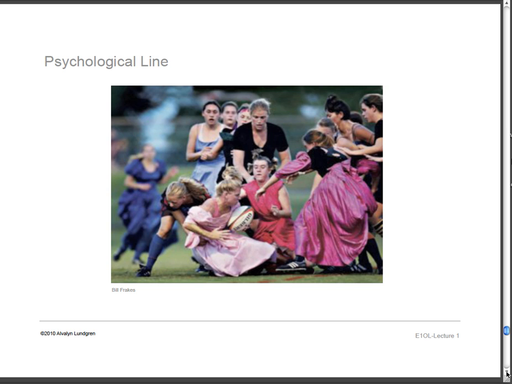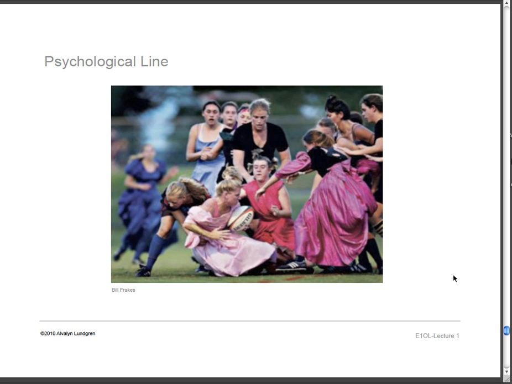Notice also the implied line going on. The hand down pointing at the ball, her arm coming down pointing at the ball, her arm coming here, the hand going up into the ball, this arm coming here, and there's a visual connection between that forearm and that forearm, and so forth. So there is implied line all over the place. There is psychological line all over the place.